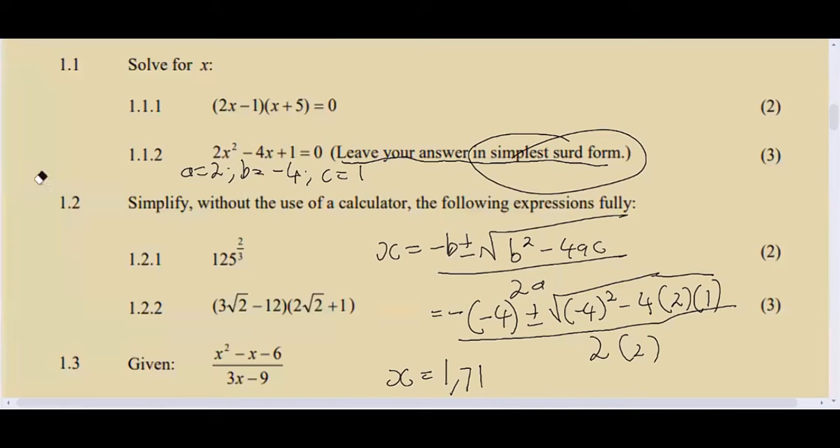Then our solution will be (2 minus √2) over 2, right? So there we go with our solutions. So you just leave it like that because this one did not say round off to 2 decimal places. So there's always that, leave your answer in simplest surd form or round off your answers to 2 decimal places. So always make sure you read that statement correctly.